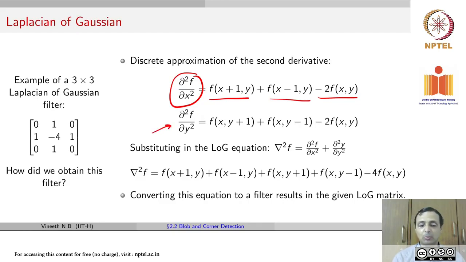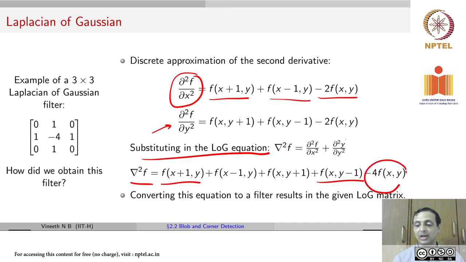Now, if you put both of these into your Laplacian equation, you would then have grad square f is equal to f(x+1, y) + f(x-1, y) + f(x, y+1) + f(x, y-1) - 4f(x, y).